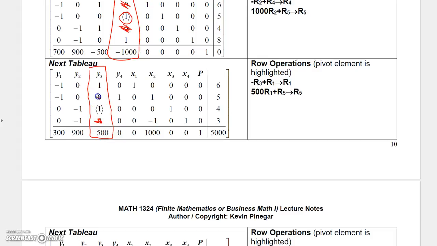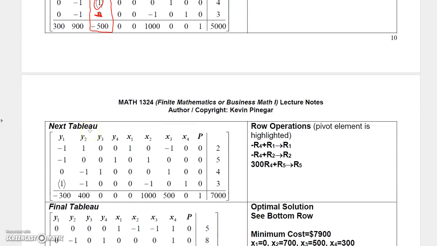You can only use positive numbers to pivot on. So we divide 1 into 6 to get 6, and 1 into 4 to get 4. We have to pivot on this since that gives us a smaller quotient. So we do minus this row plus this row to cancel the 1, and then 500 times this row plus this row to cancel the negative 500.